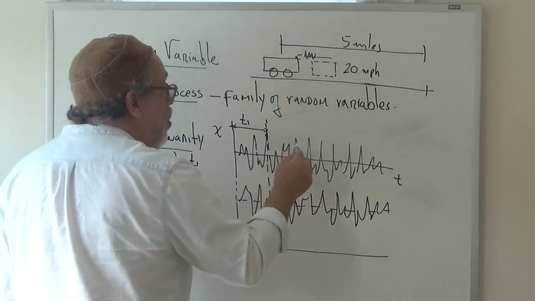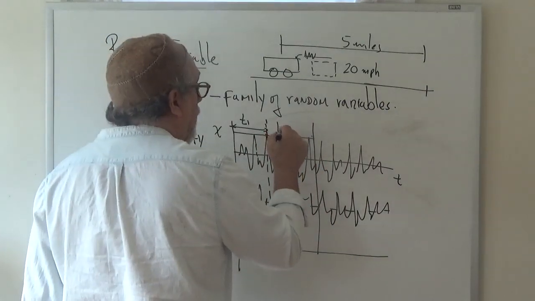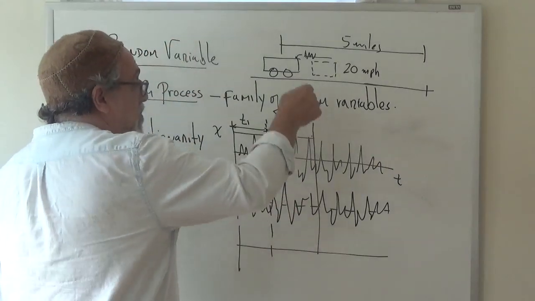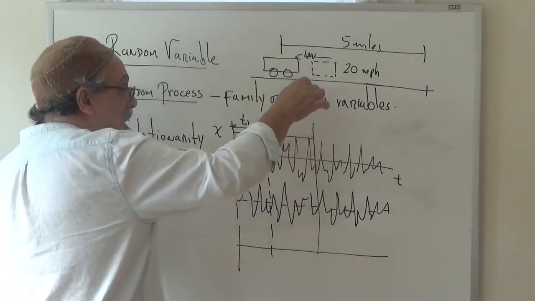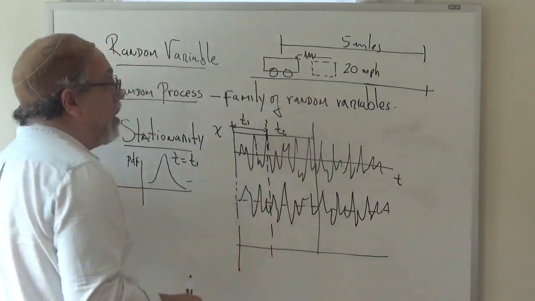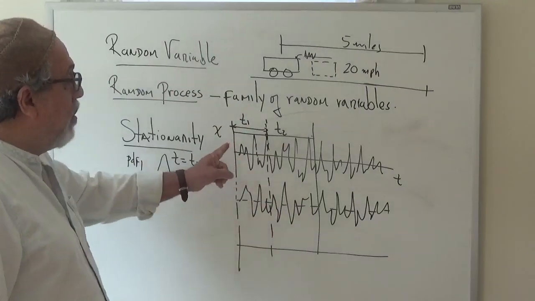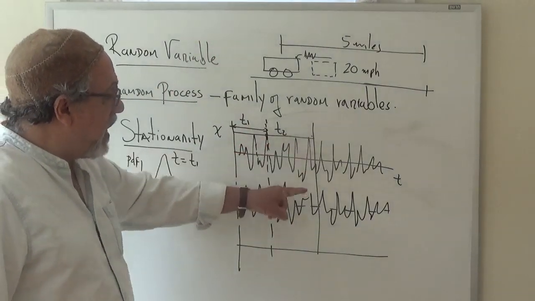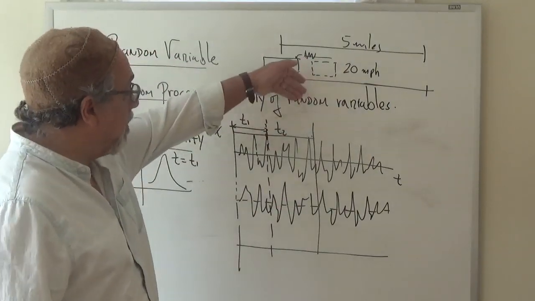Now, if we go to t equal to t2 here, and we do the same thing, notice that I'm not averaging along the time. I am averaging across the ensemble. So, I'm not averaging, I'm inspecting across the ensemble. So I go to t2 and I read what my sensor was measuring at that time, right?